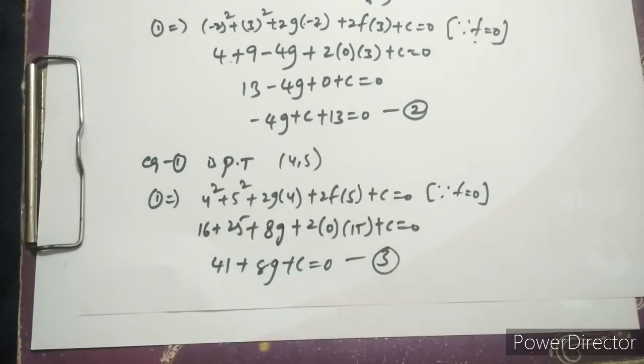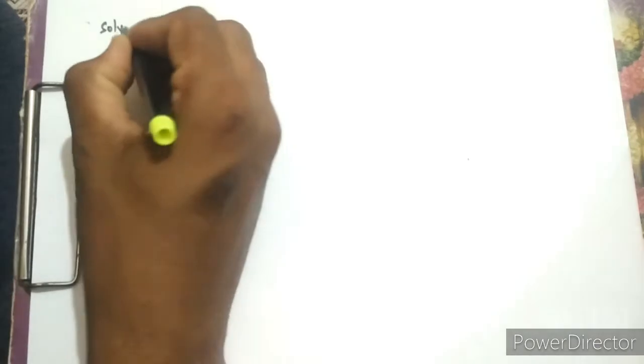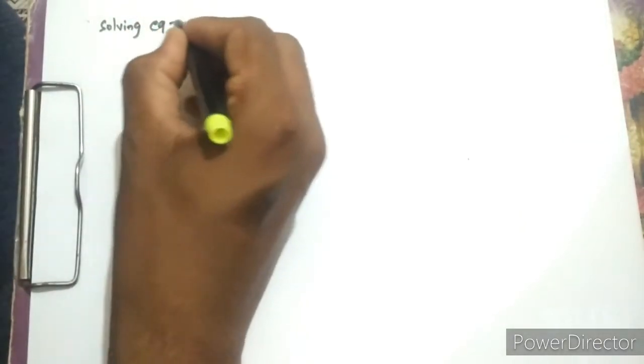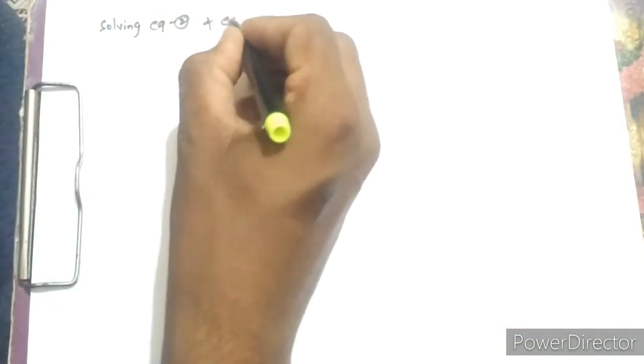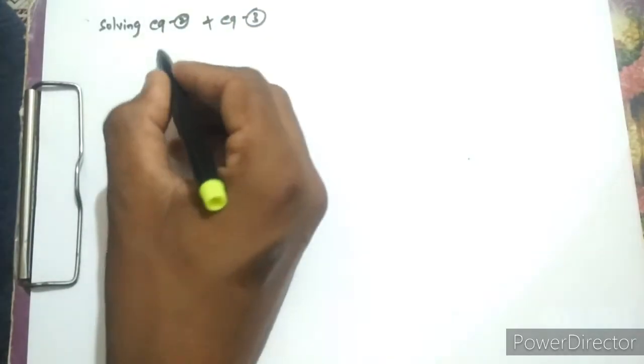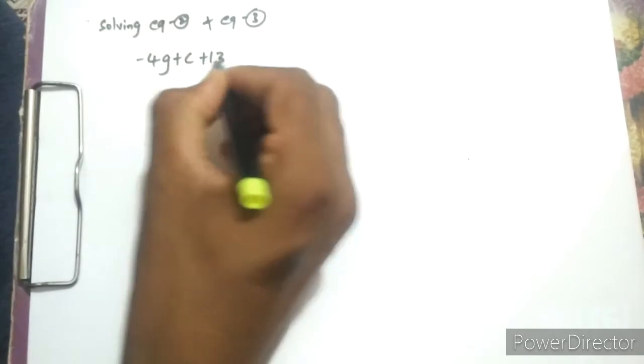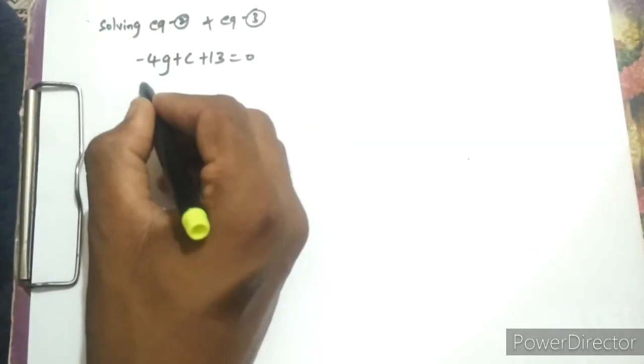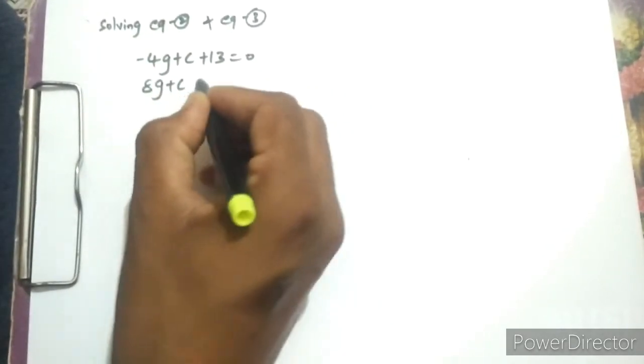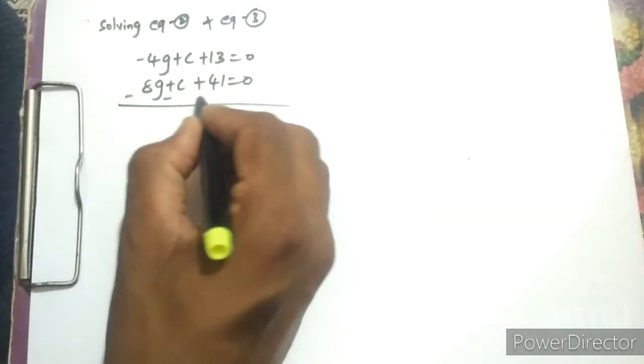We are now solving equation 2 and equation 3. The second equation is -4g plus c plus 13 is equal to 0. The third equation is 8g plus c plus 41 is equal to 0. Changing the signs, plus c minus c will be cancelled.